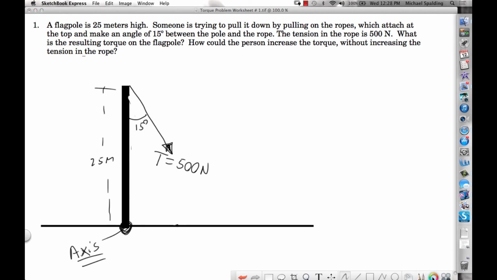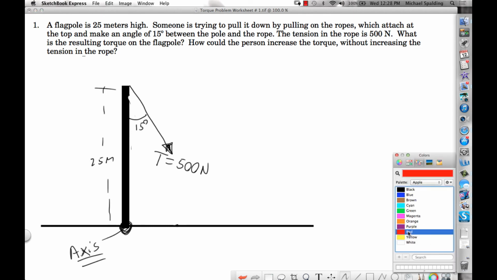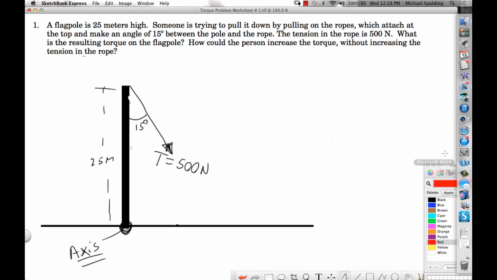Okay, so let me change color. We'll use red now. So look, what we can do is go like this. The tension has components. Did we do components in here, didn't we? No? Well, here's how you would do it. Look, the tension is pulling down and over simultaneously, right?